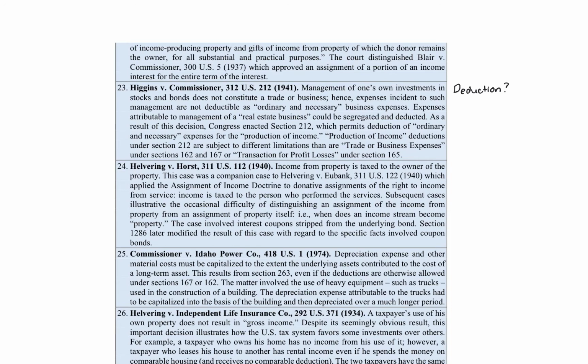There was trade or business and personal. So in Higgins, basically we have Mr. Higgins was managing and investing his investments. And he said it rose to the level of trade or business. And the courts disagreed with him.